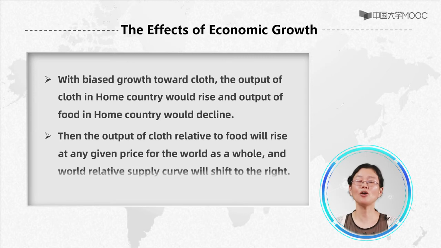Then, the output of crops relative to food will rise at any given price for the world as a whole, and the world relative supply curve shifts to the right, just like the relative supply curve for home.